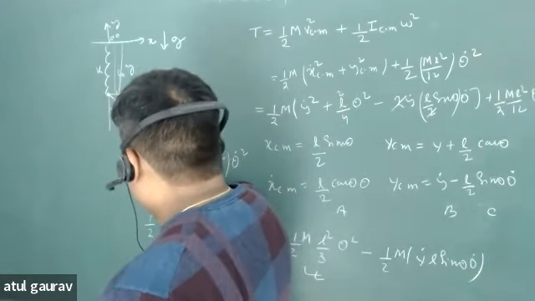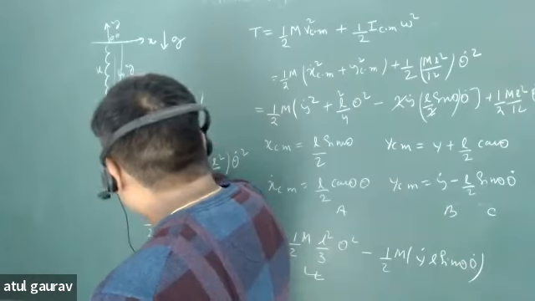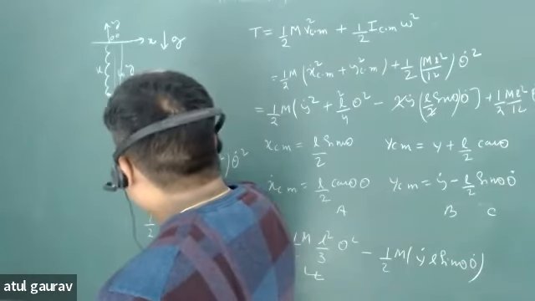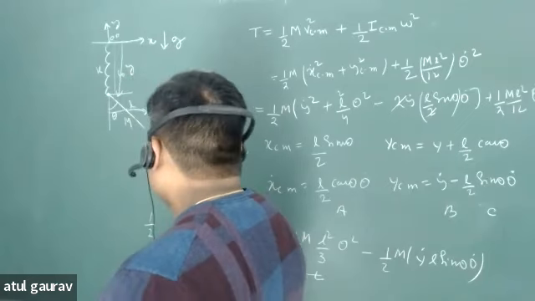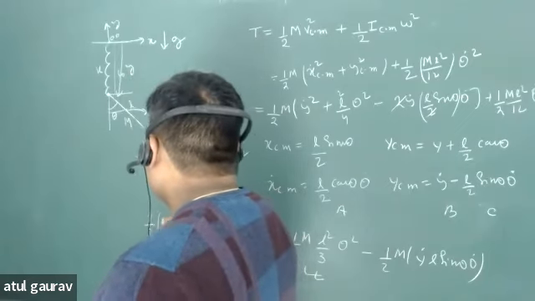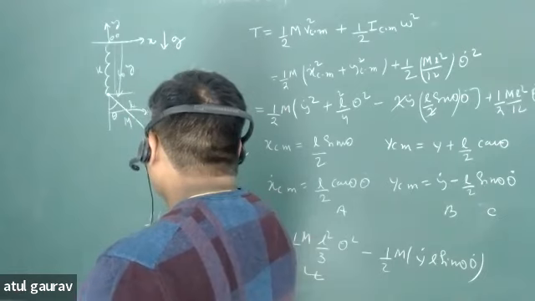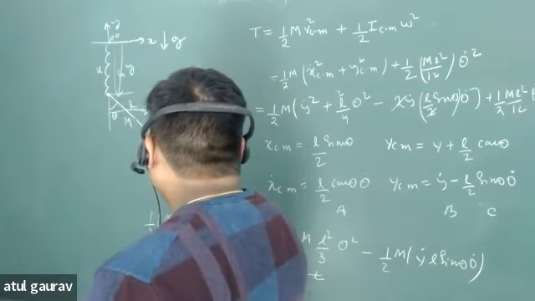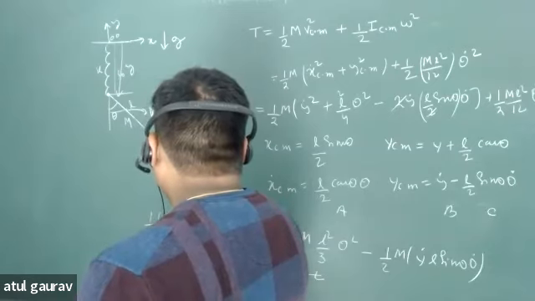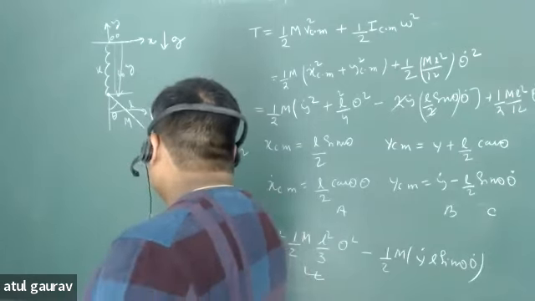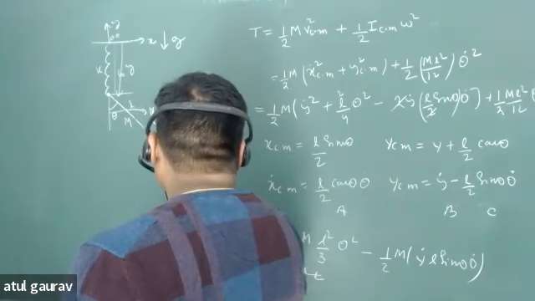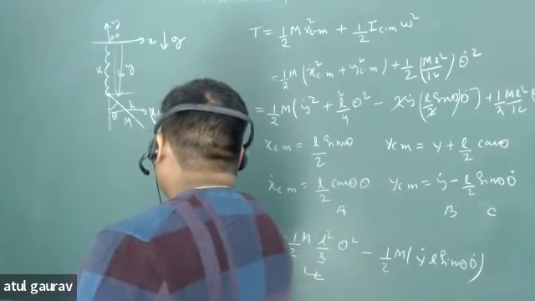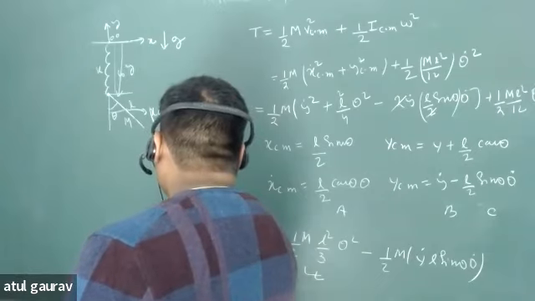Suppose you are doing the moment of inertia about this point, that means you are assuming that this rod is doing pure rotation about this point. So what will be this particular value? m l square by 12, this is about the center of mass, plus m l square by 4, and that is multiplied by theta dot square. So that value is the same thing, m l square by 3 theta dot square.